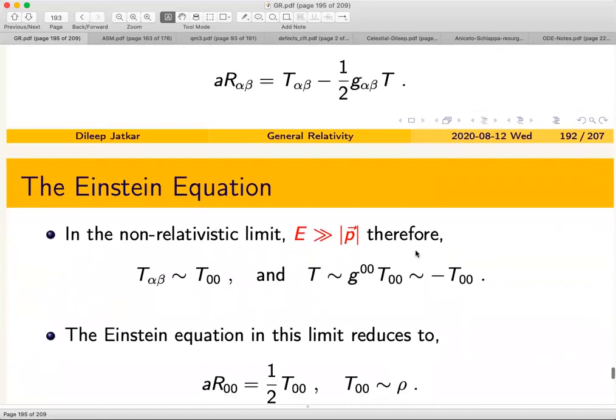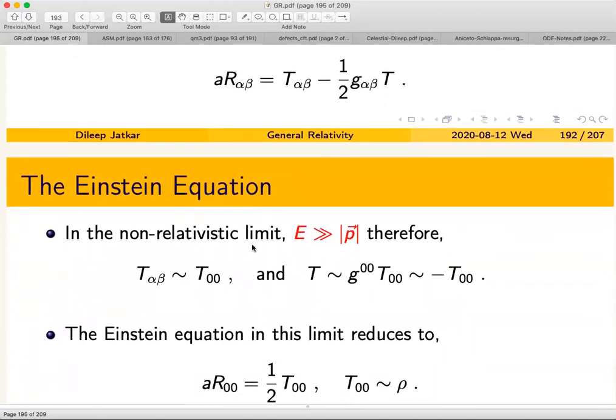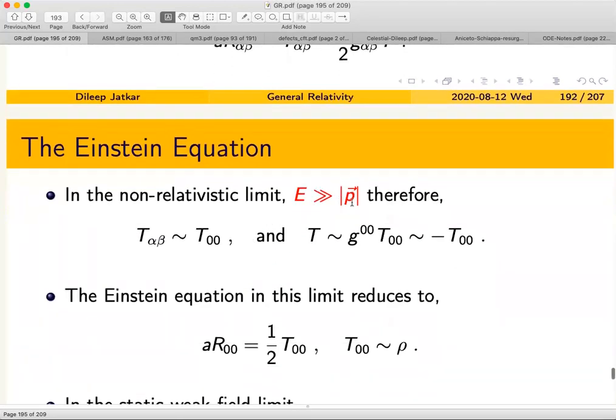So of course now we want to take the non-relativistic limit, and in the non-relativistic limit we have energy which is much greater than the momenta. That means rest mass is the dominant contribution to the energy over the kinetic term, and in that case T00 is the most dominant piece inside the energy momentum tensor. If you're looking at that, then the trace of the energy momentum tensor has a most dominant contribution coming from T00 times G00, right?